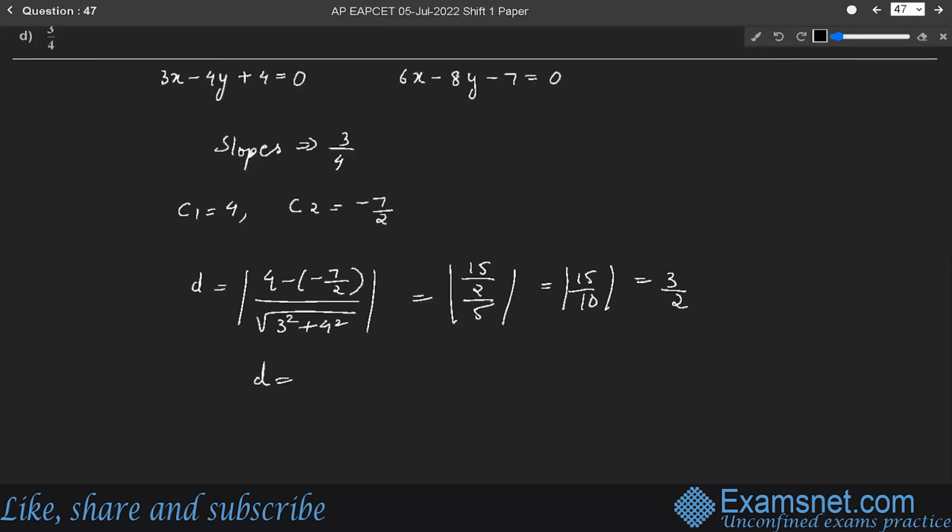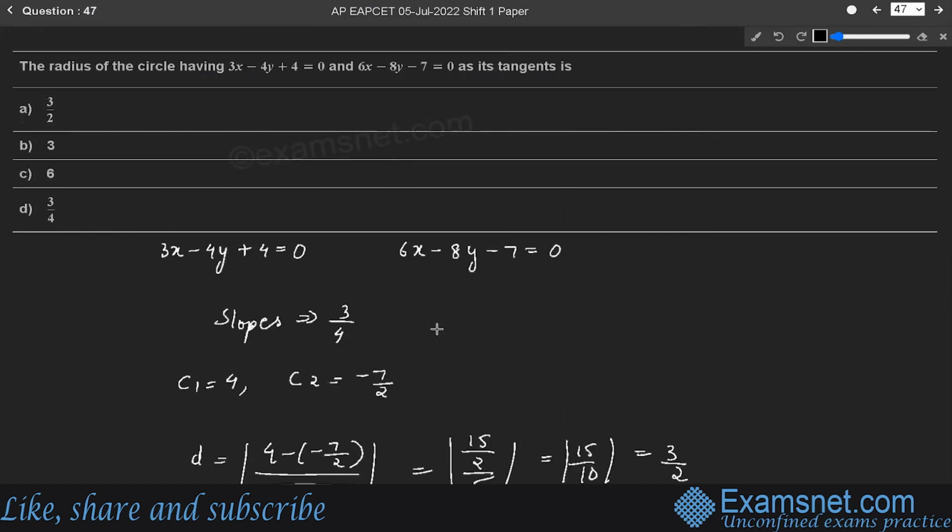We have diameter equal to 3 by 2. Therefore, radius will be equal to 3 by 4. So we can say that the radius of the given circle is 3 by 4. So option number D is the correct option here.